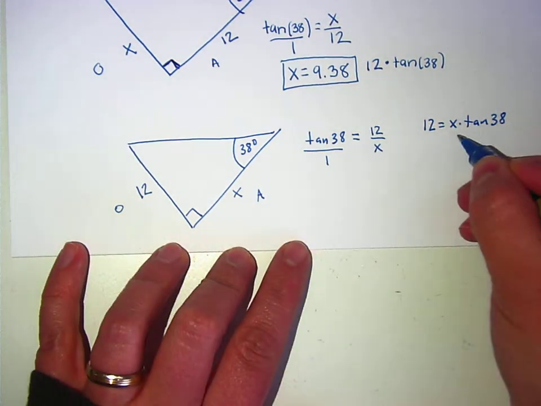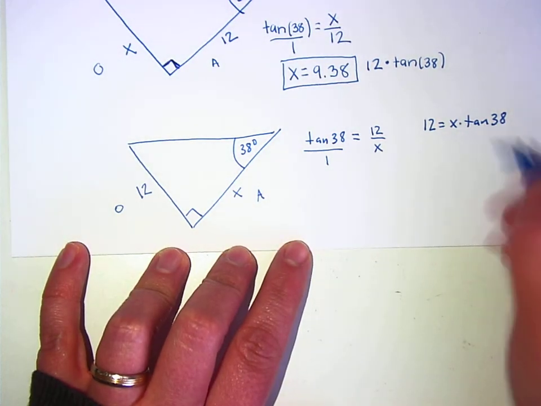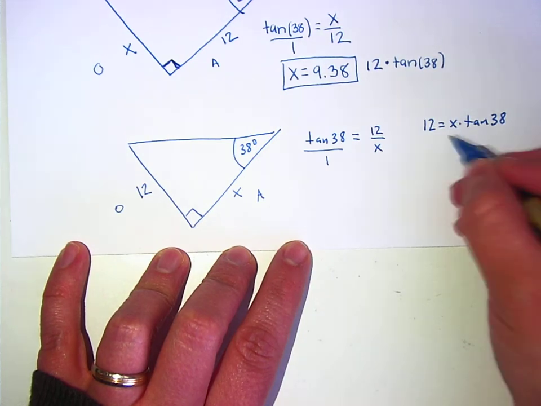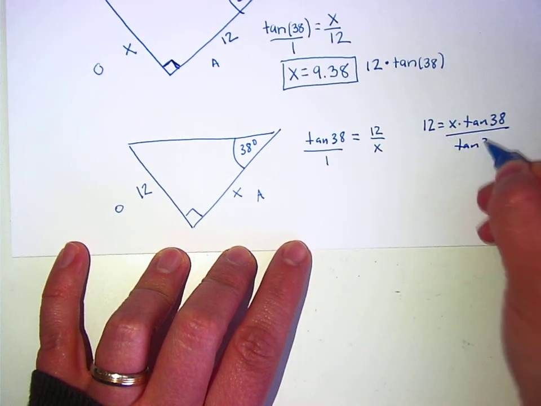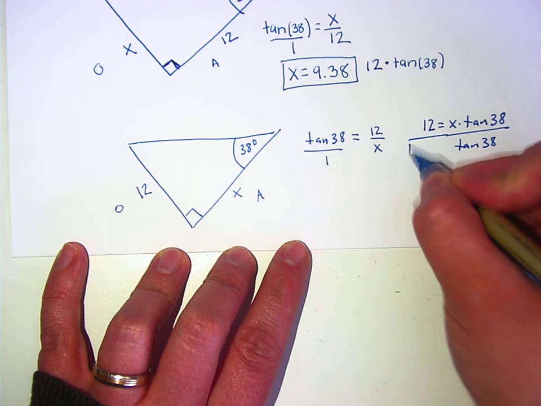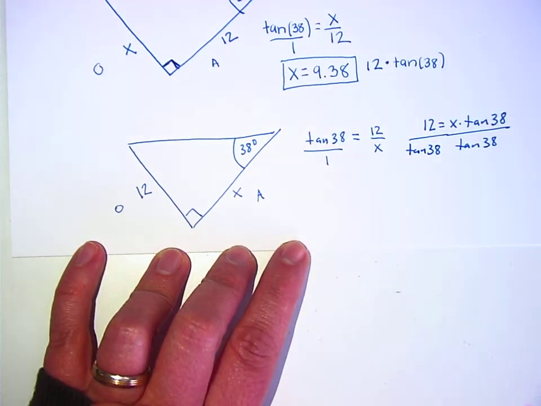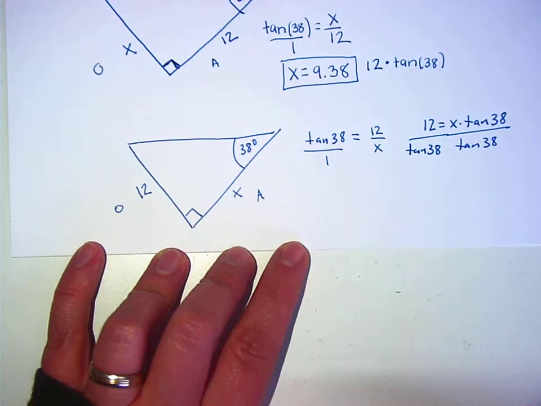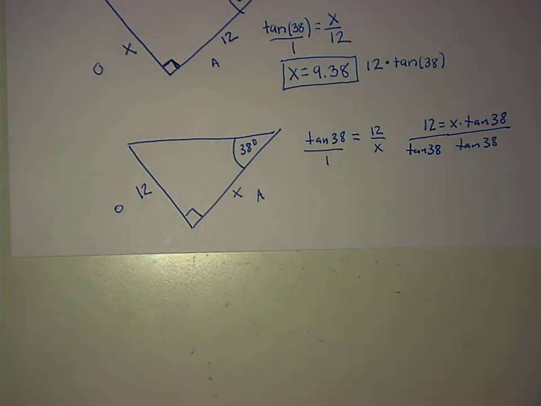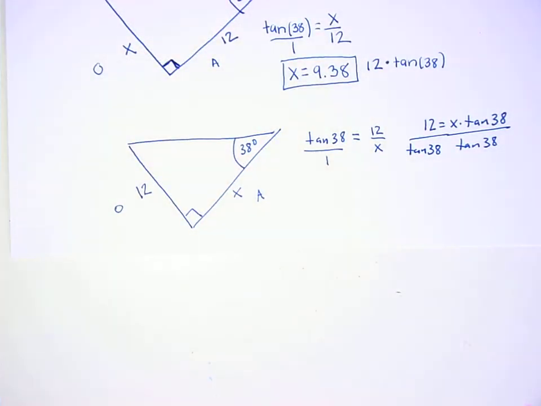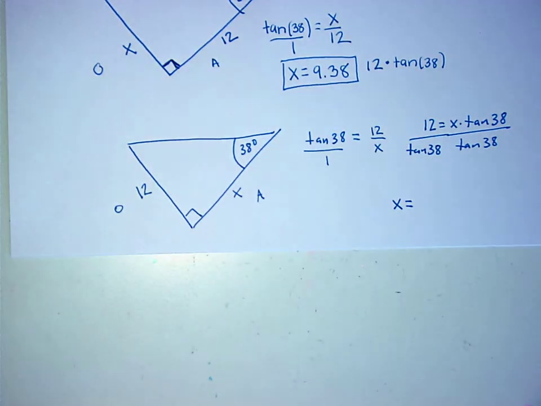Yeah, you would divide by the tangent of 38. So to figure out this problem, you'd actually take 12 divided by the tangent of 38. Some people like to memorize elaborate rules to remember exactly when you do what, but if you cross multiply, you'll always get it right. So why not just cross multiply? Just so that our notes are complete, I'm going to write 12 divided by the tangent of 38.